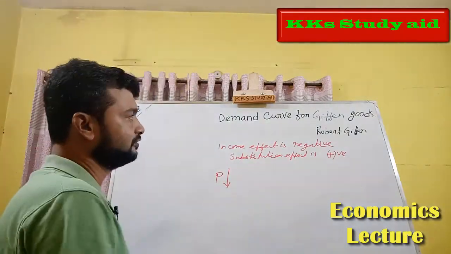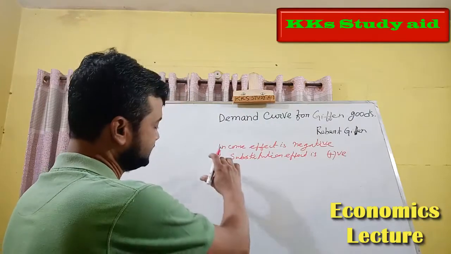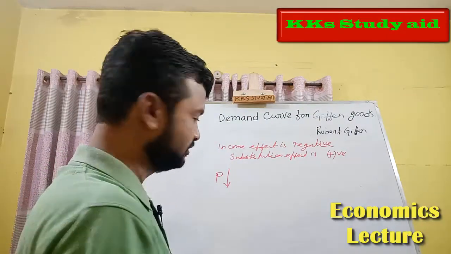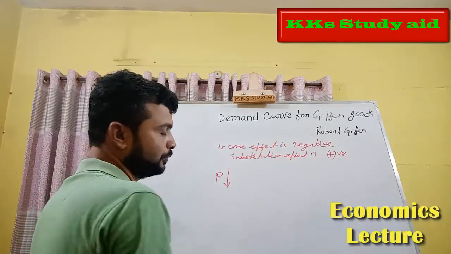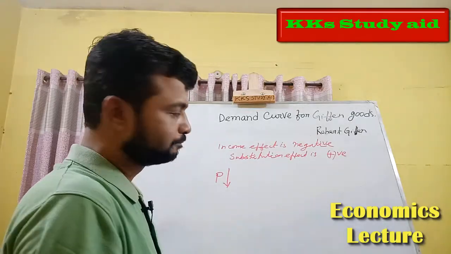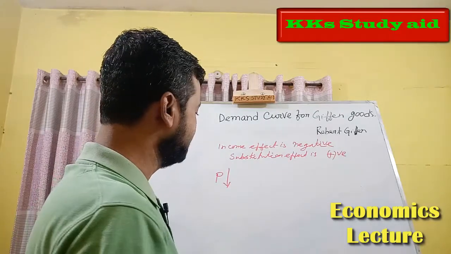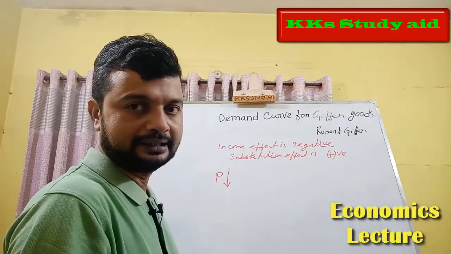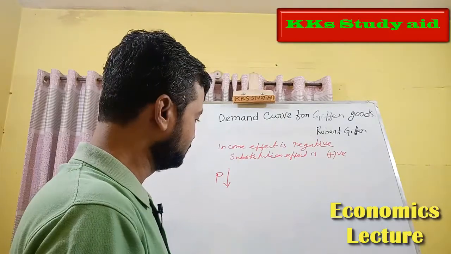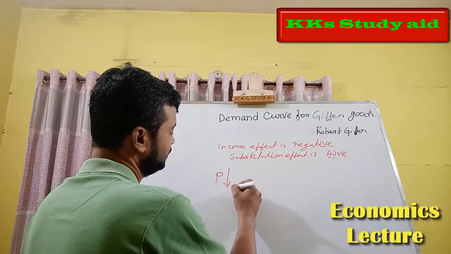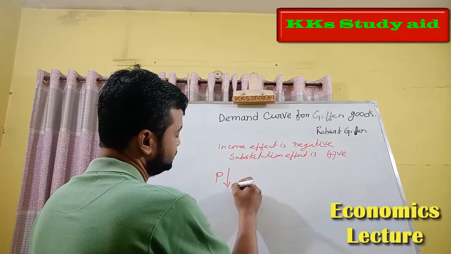But in the case of Giffen Goods, when price falls, what will happen? When price falls, there will be a positive substitution effect. Due to the positive substitution effect, some new buyers will come to buy these products, which results in increased demand for these goods, but to a very little extent.